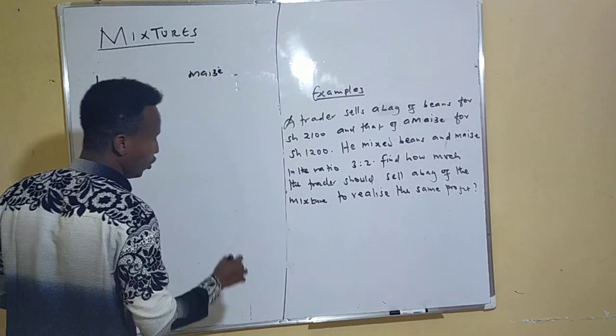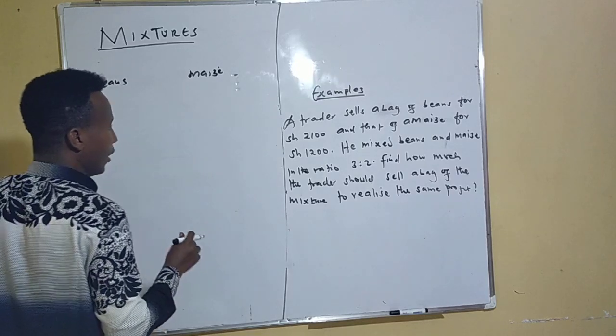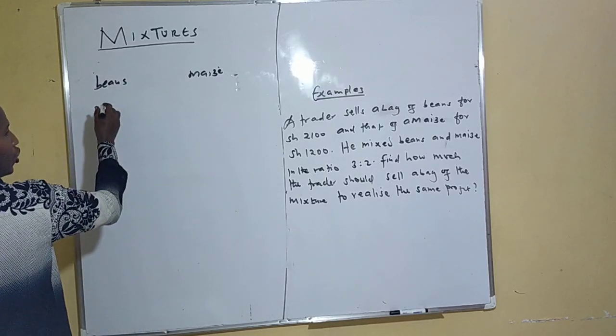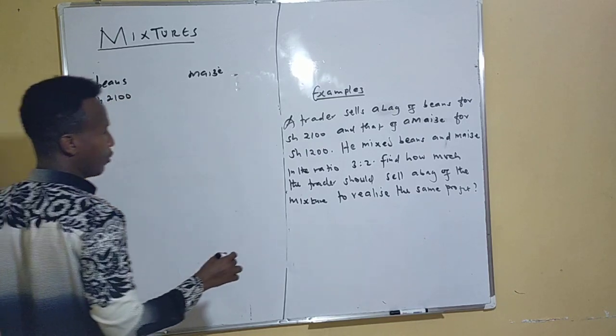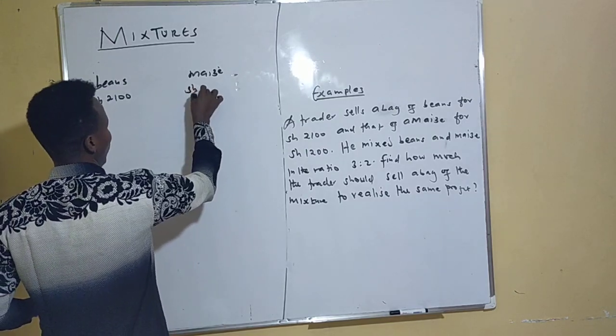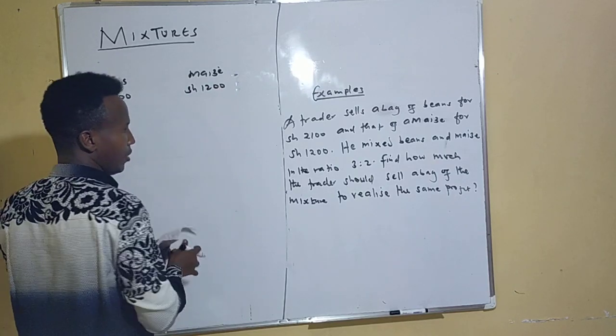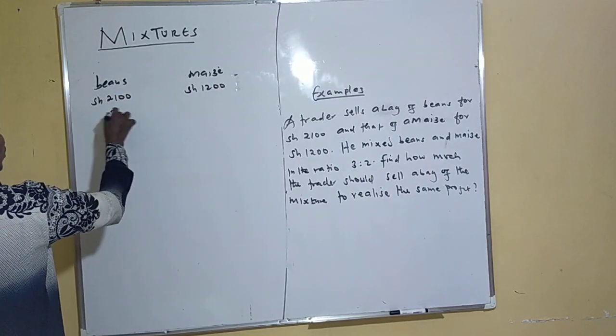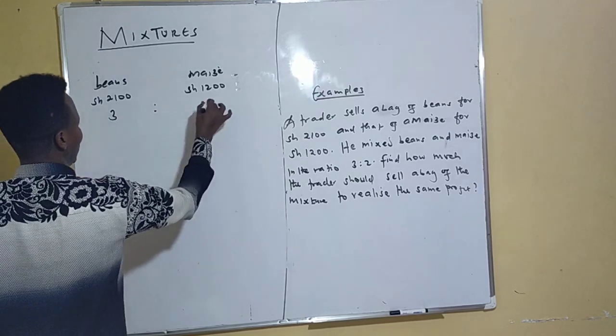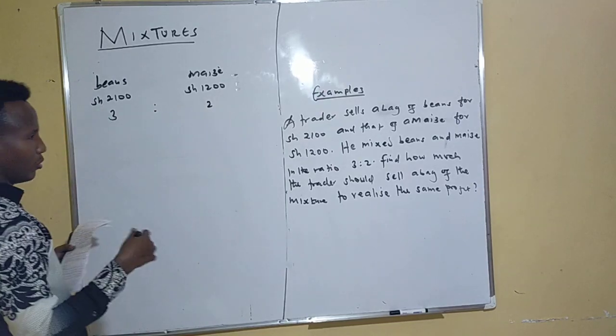A bag of beans costs 2,100, while that of a maize costs 1,200, and this is the ratio 3:2. Just understand that.